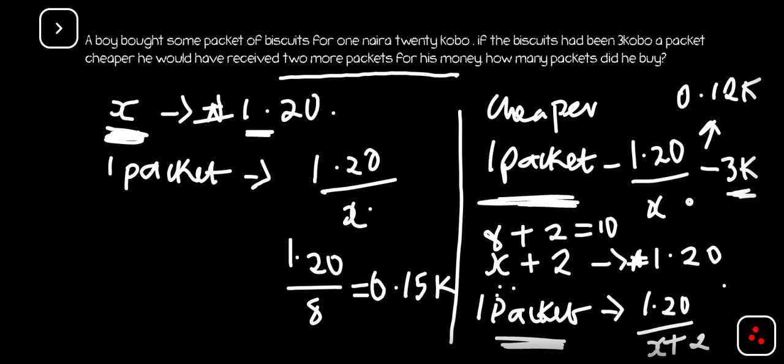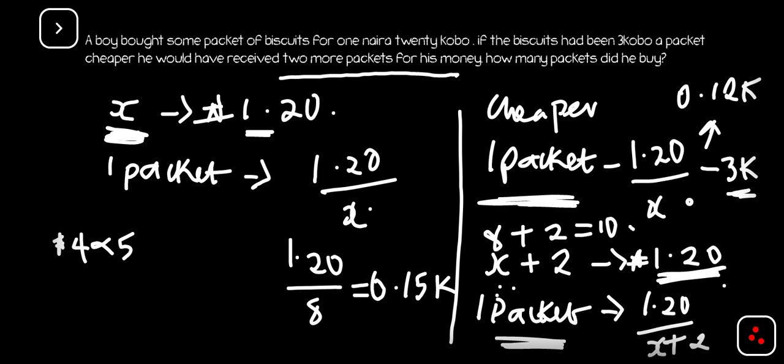If you look at it closely, if you multiply 10 packets by 0.12, you actually get 1.20, the same amount. Anytime you buy something, if 1 packet is, say, 4 naira and you want to know how much for 5, you multiply by 5.